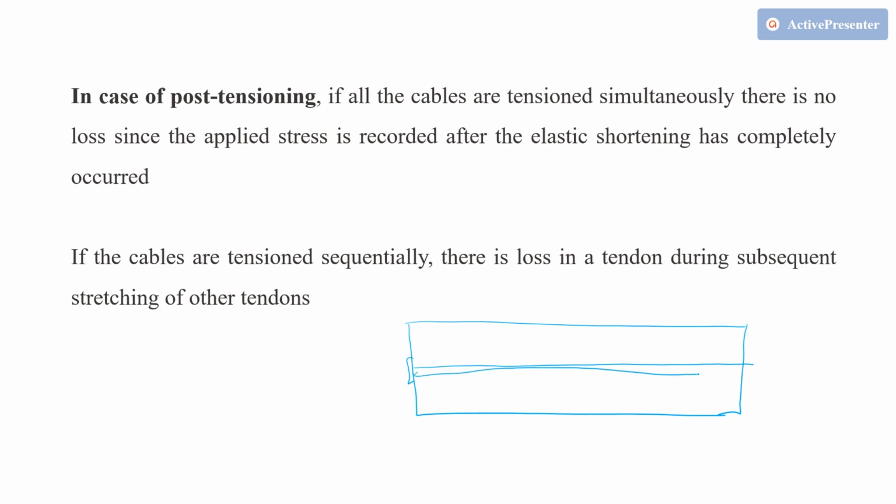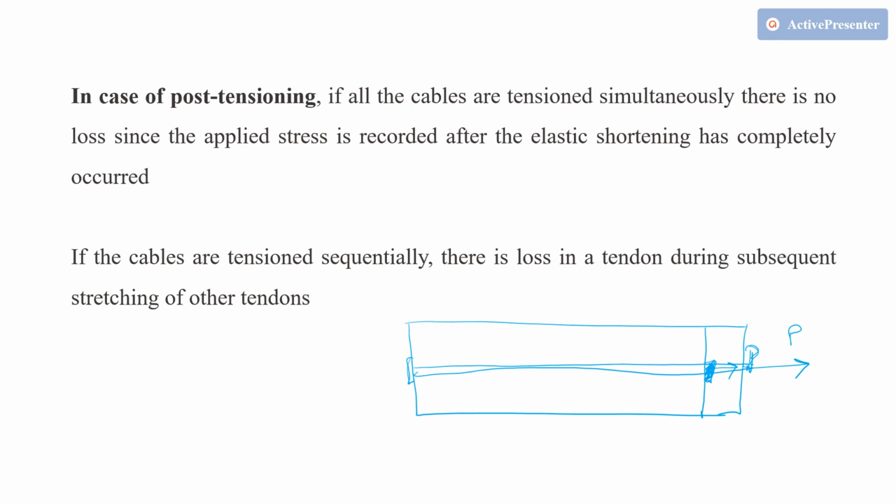Now we will apply the force. After applying the force, the shortening will take place, and you will anchor it once the shortening has occurred. So after the application of this force also, there is still P force there. There is no loss in pre-stress due to elastic shortening if the post-tensioning is done simultaneously.